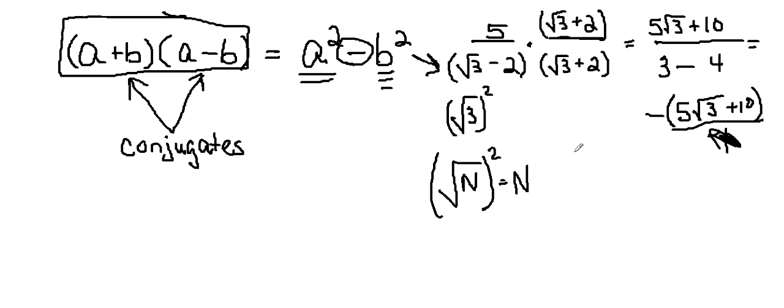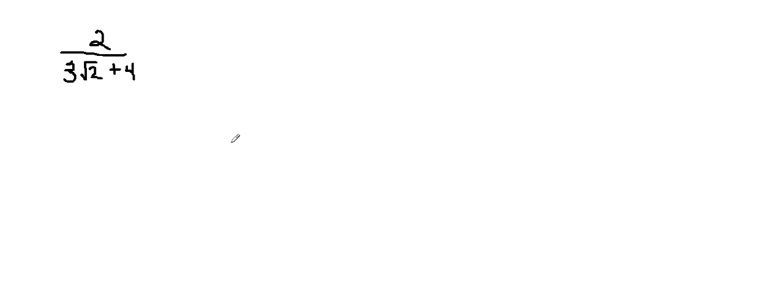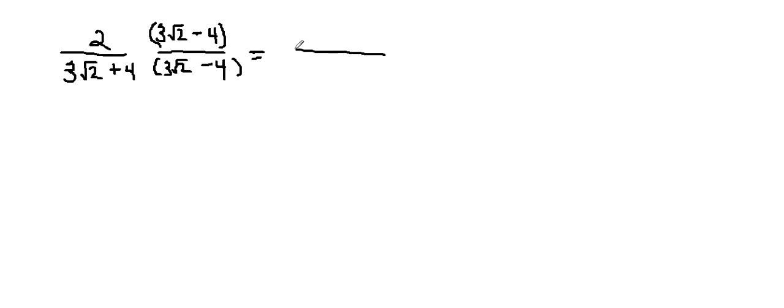Alright, let's try another one. Okay, this is example 6, and I'm going to rationalize the denominator. That means I want to multiply the top and bottom by 3 root 2 minus 4. Okay, what I do to the bottom, I do to the top. It's 3 root 2 minus 4. Use your parentheses, because you remember you're multiplying that across. So my denominator here, what is it going to be?